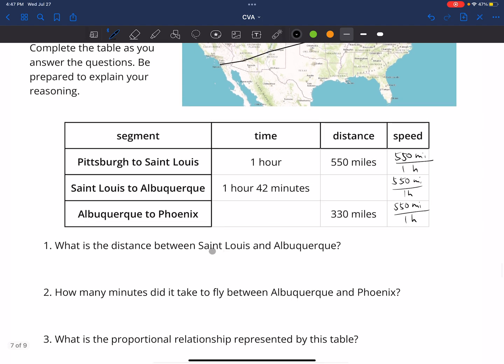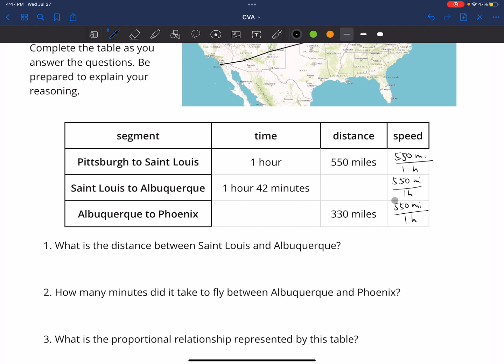So what is the distance between St. Louis and Albuquerque? If we traveled for 1 hour and 42 minutes at 550 miles per 1 hour, this is kind of hard to convert to find the distance.